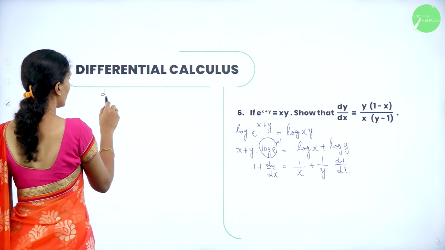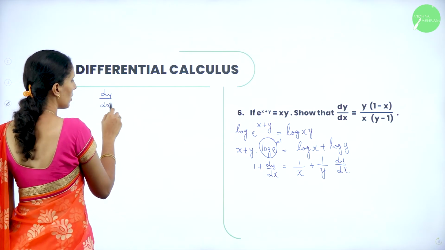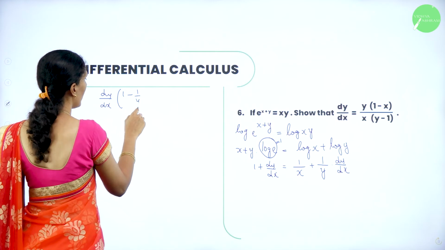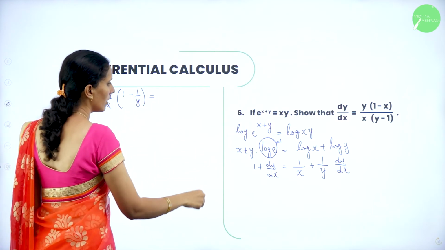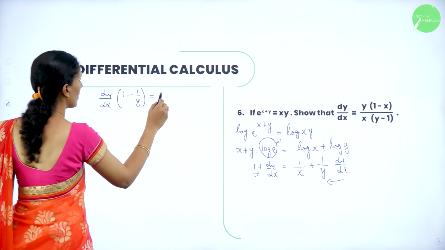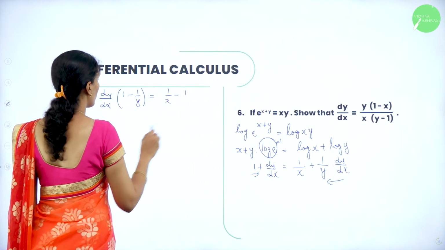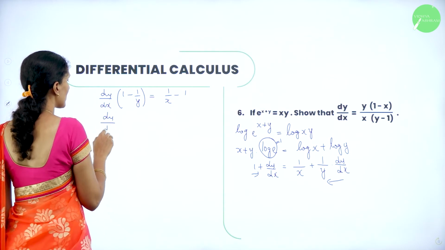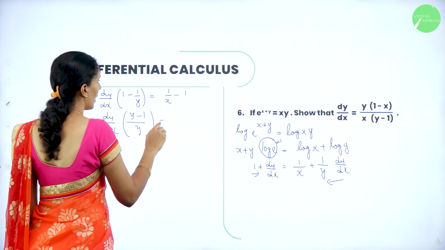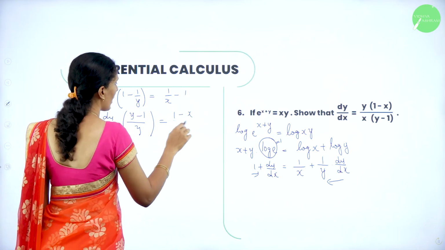So if you want dy/dx, when you take the common factor, it is 1 minus 1 by y, and there shift this here and shift 1 there. It is 1 by x minus 1. So dy/dx will be equal to (y - 1) by y here, and here (1 - x) by x here.